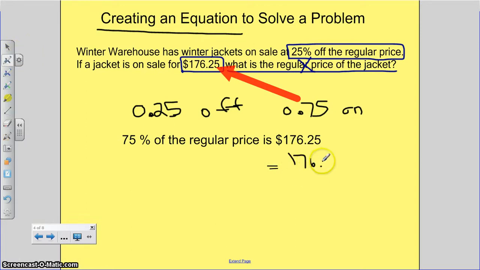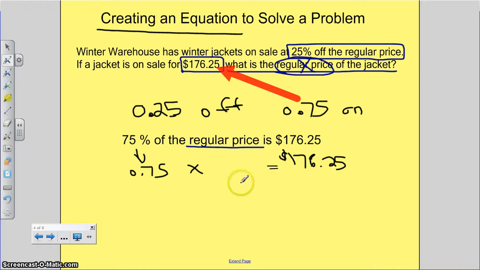That's a constant. Constants don't change. We're going to convert that 75% into decimal 0.75. And what are we going to put in where it says regular price? Well, remember the regular price was going to be our x. So we're going to say 0.75x equals 176.25.